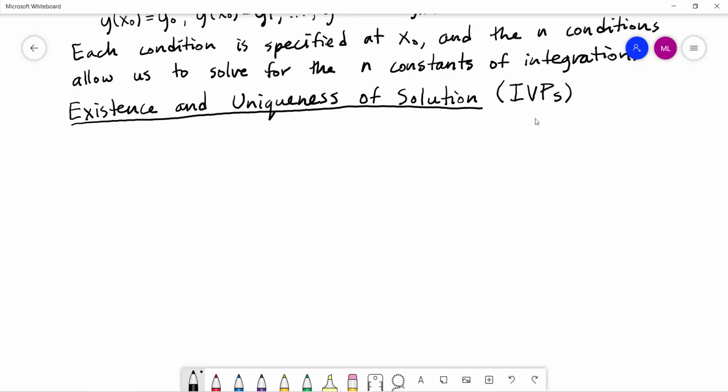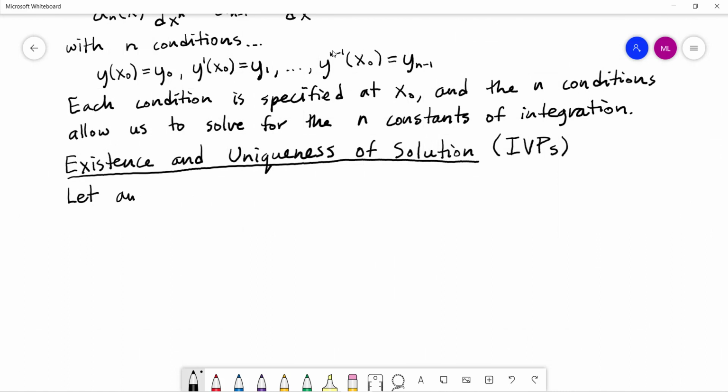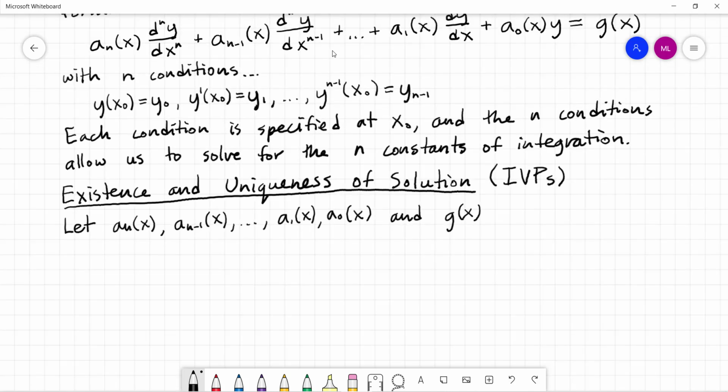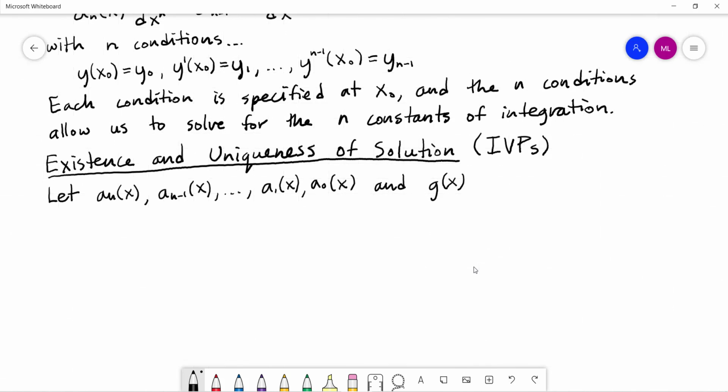So I'm going to basically let all of those coefficients that we just had up in this definition, so all these a_n(x), a_(n-1)(x), and so on, all the way down to a_1(x) and a_0(x), all those coefficients, and let g(x), just to remind you, our right-hand side of our differential equation, let all of those be continuous functions, at least on some interval that we're interested in.